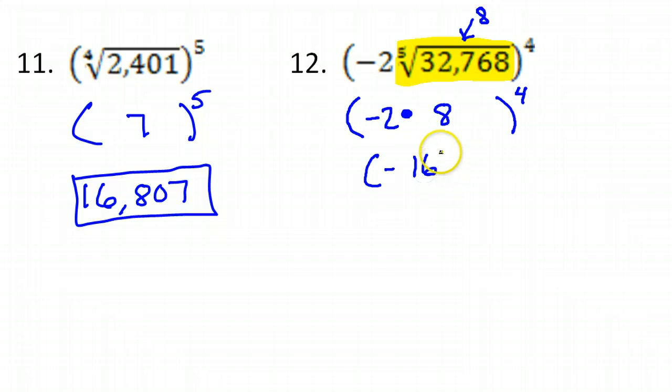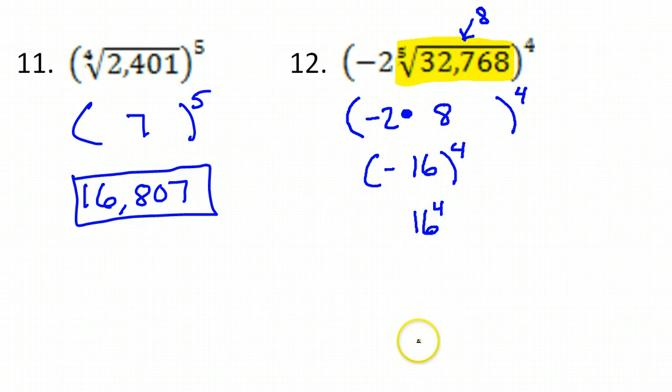So I have -16 to the 4th power. I know this is going to be a positive something, so the negative is going to go away. So this is the same thing as 16 to the 4th power.